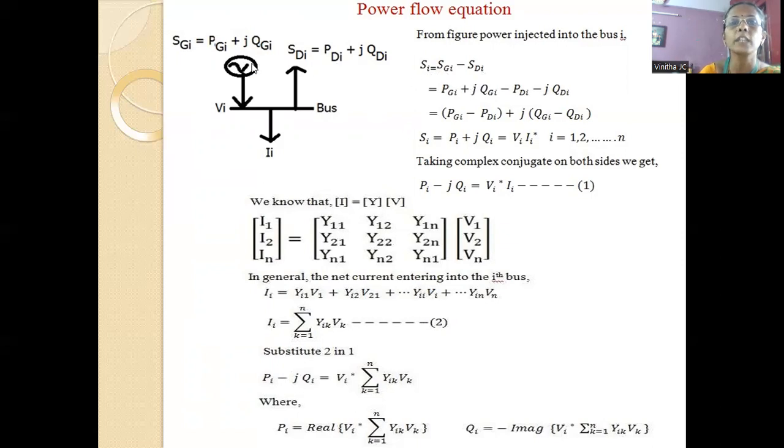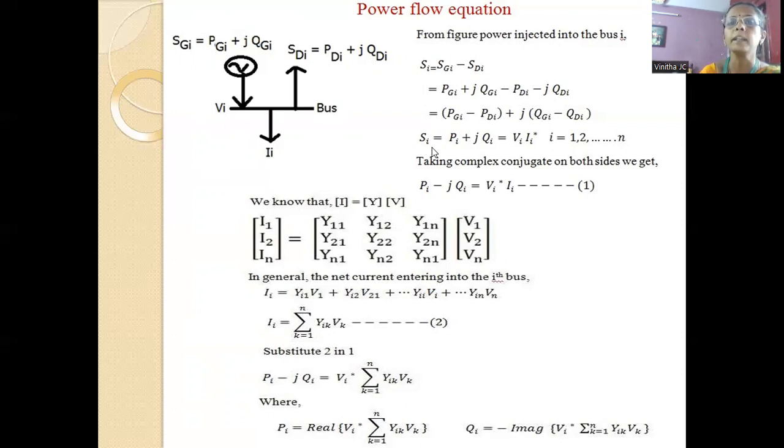So what is SGi? PGi plus j into QGi. Similarly, we can substitute the formula for SDi. Since we have minus, the expression is minus PDi minus j into QDi. And we can separate the real power and reactive power. So the real power is PGi minus PDi, plus j into QGi minus QDi.